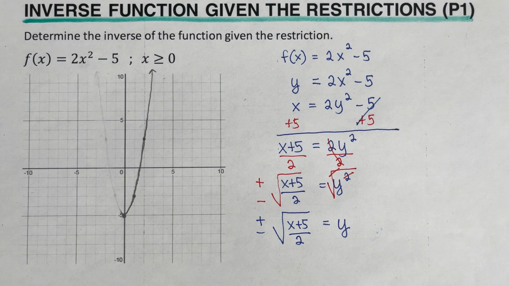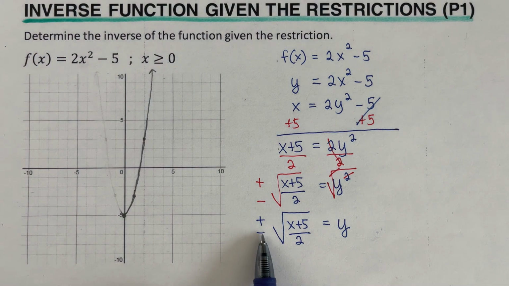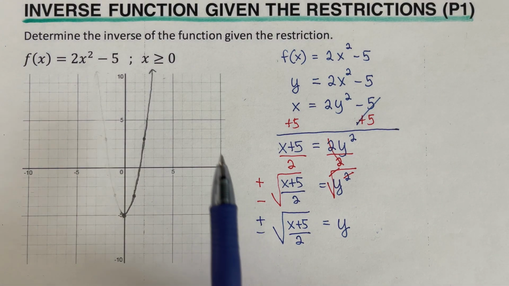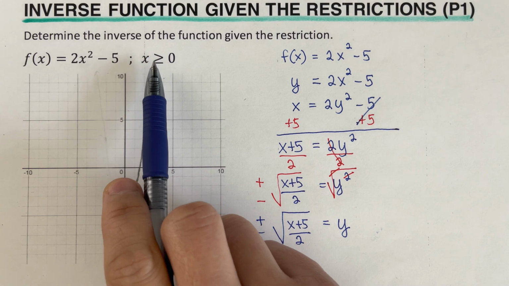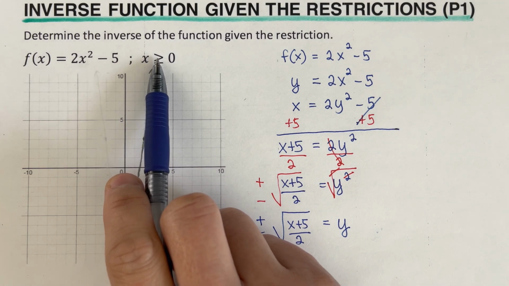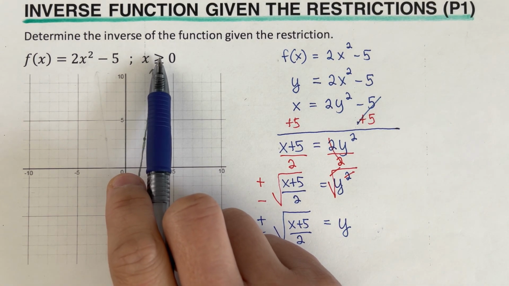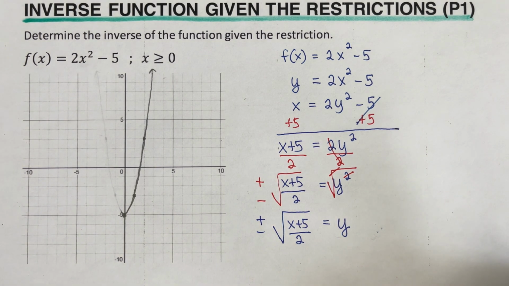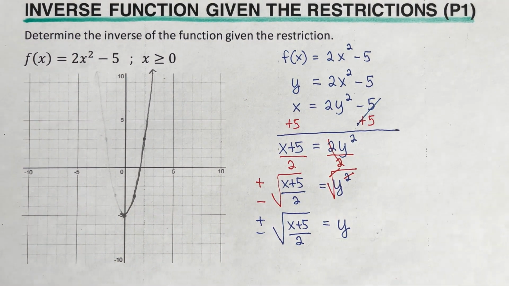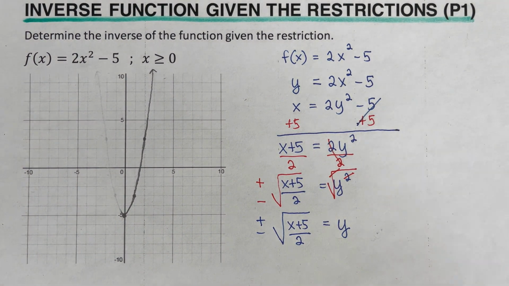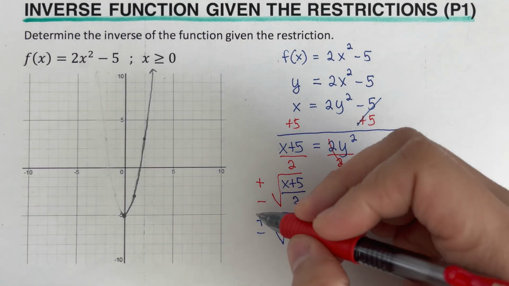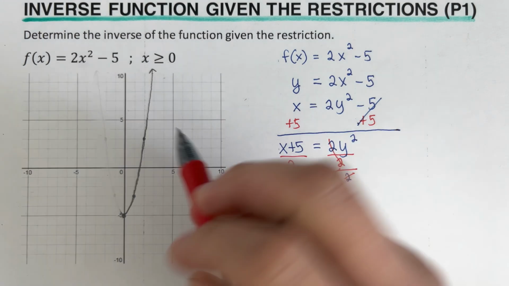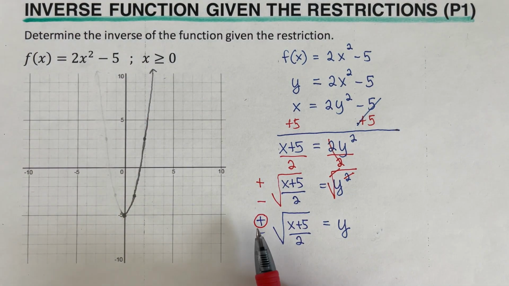The problem here is which one do we pick? Are we going to pick the positive or the negative? Now, if we look at the restriction right here, it says greater. I'll give you a trick: if you have a restriction that is greater, we pick the positive. So our final equation for the inverse would be the one which has the positive.